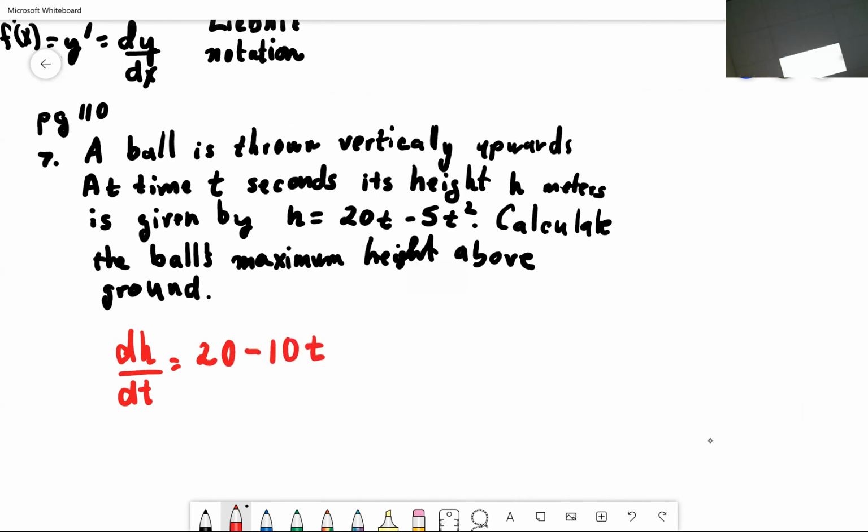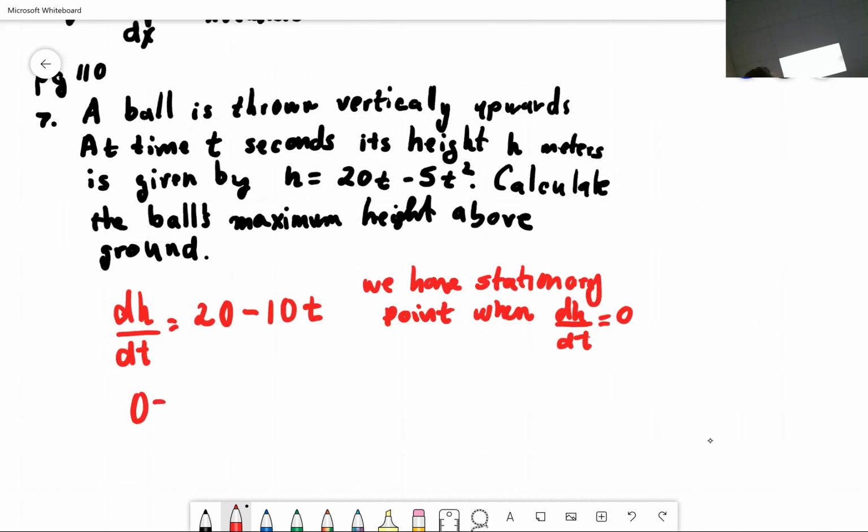Negative 10t. Now, we have a stationary point when dh/dt equals 0.